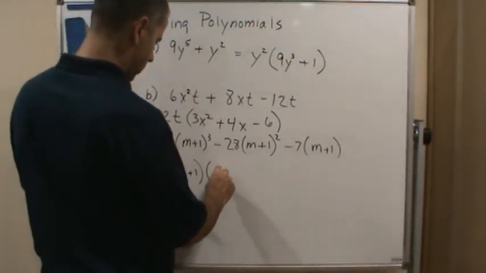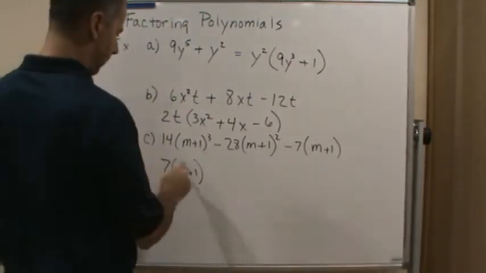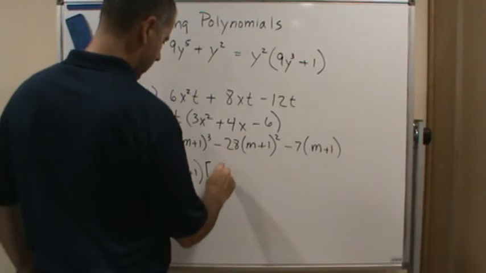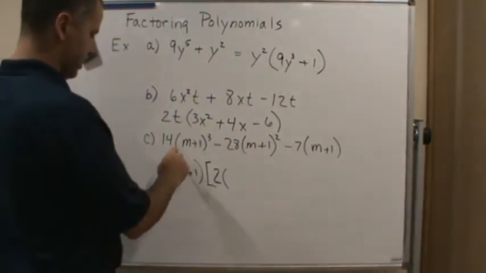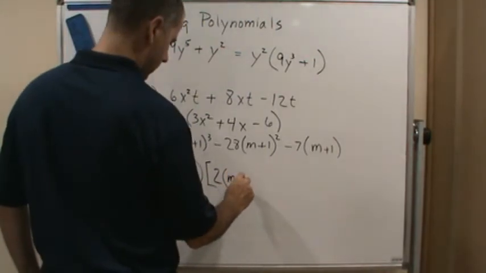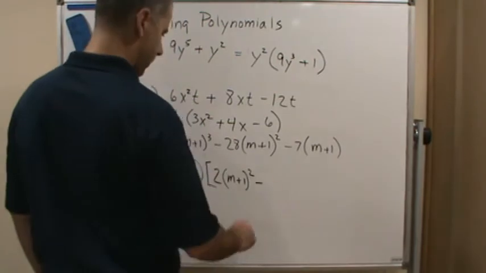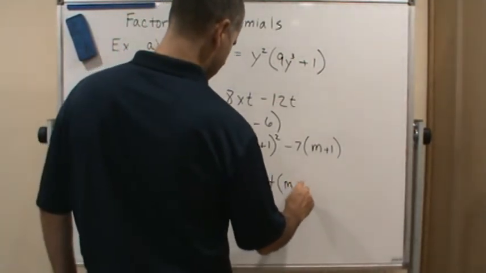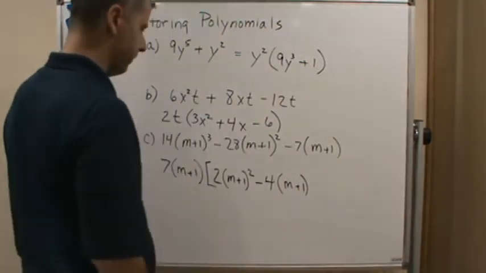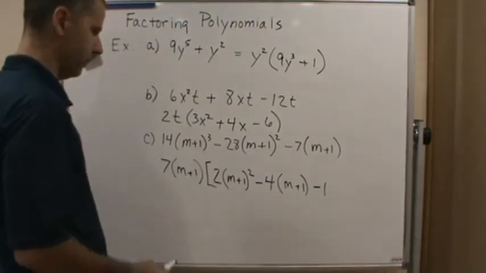Let me do this a different way. This leaves me with 2 times m plus 1 squared minus 4 times m plus 1 minus 1.